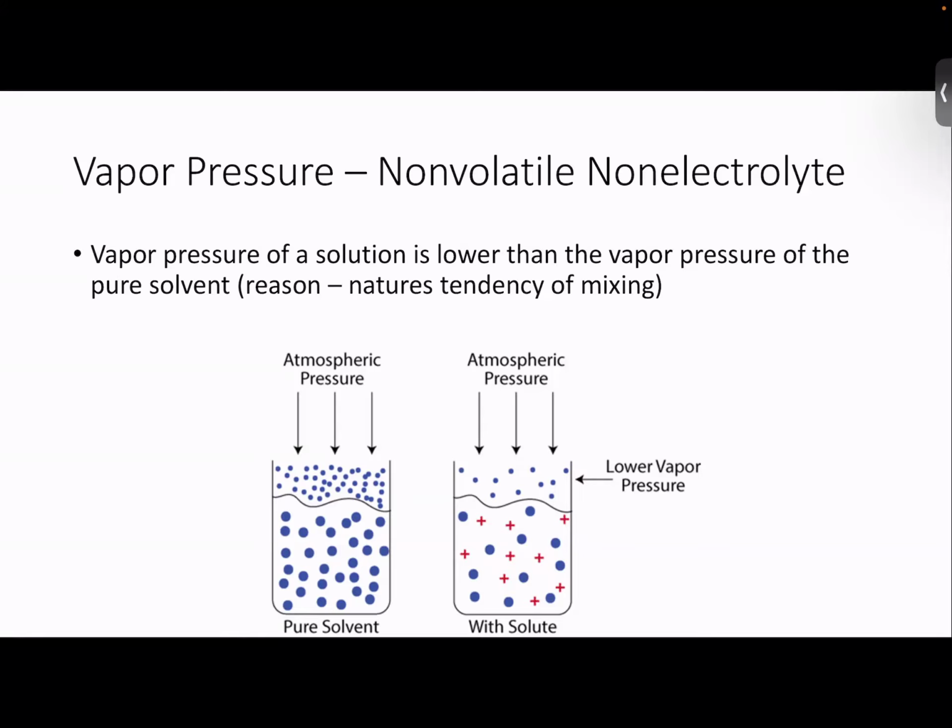Now, when you make a solution, represented by the circles and the plus signs in the second example, it causes the vapor pressure to be lowered, meaning that there are going to be fewer solvent molecules that can escape into the gas phase.